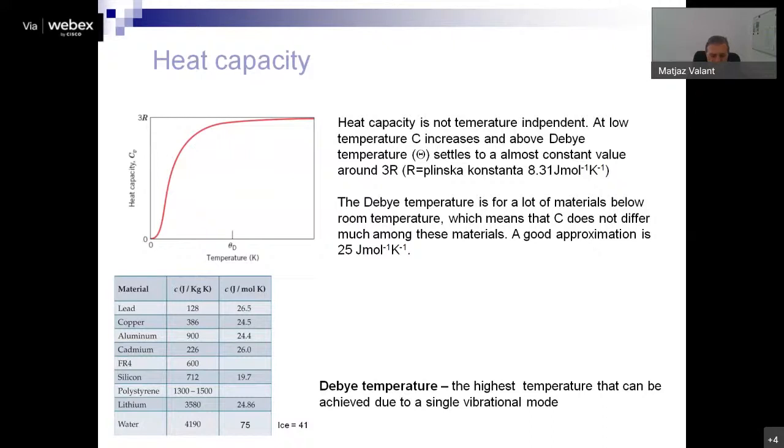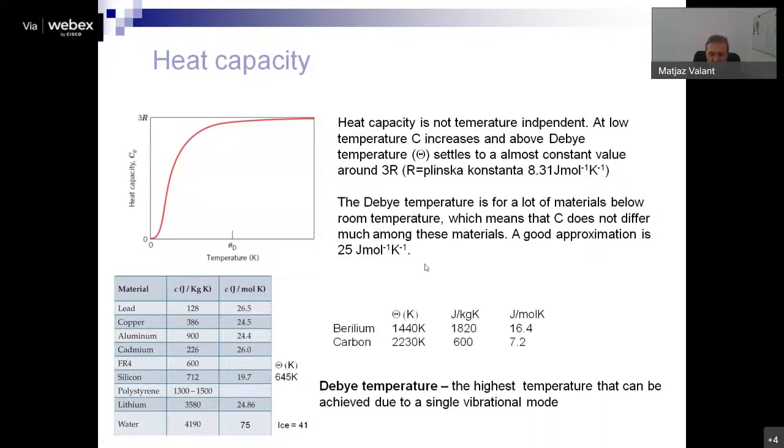For a lot of materials, the Debye temperature is slightly below room temperature. So room temperature is somewhere here, where this curve flattens down. And for that reason, a lot of materials have a pretty similar heat capacity, about 25 joule per mole per Kelvin.